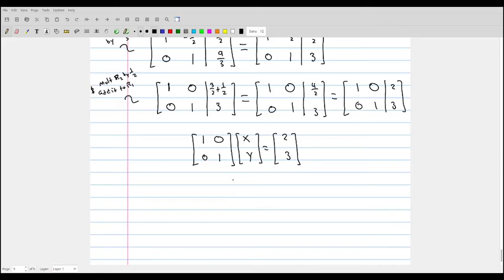And this matrix multiplication done out is just x times 1 plus 0. This is going to be 0 times x plus 1 times y, which is y, is equal to 2, 3.